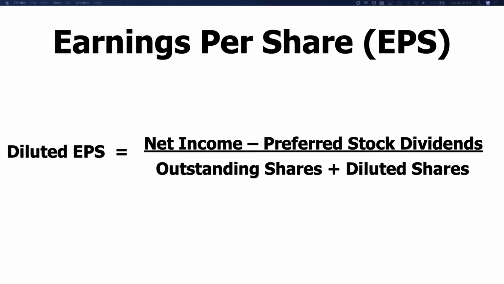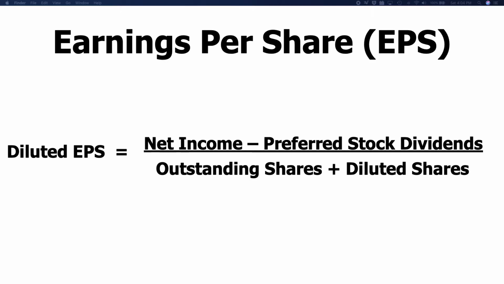So now let's go and look at the earnings per share calculation for the diluted EPS. So we have the net income minus the preferred stock dividends. Apple doesn't actually have preferred stock dividends, they just have common stock. So from this one, we're just taking the net income and then we're dividing that by the outstanding shares plus the diluted shares. The diluted shares usually come from stock options or stock warrants.